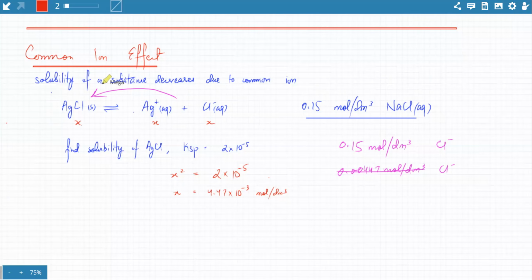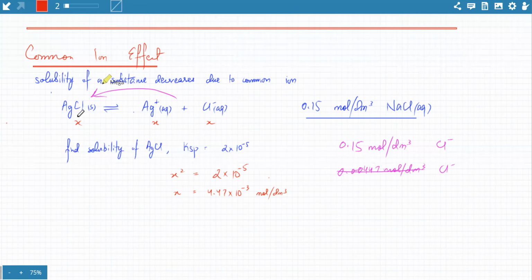Yes. Just wait one. So the solubility of AgCl would be much lesser.